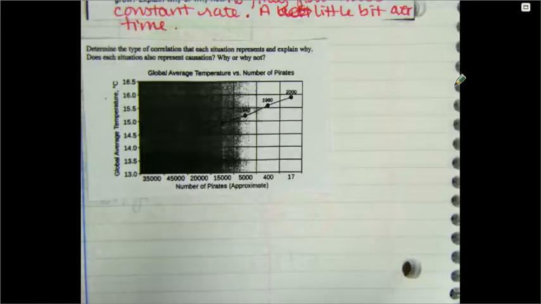Is it positive, is it negative, or is there no correlation? And then I want you to decide, is there causation? Does the number of pirates determine the global average temperature? Okay, so go ahead and go over that right now by yourself. You're going to answer 2 questions.